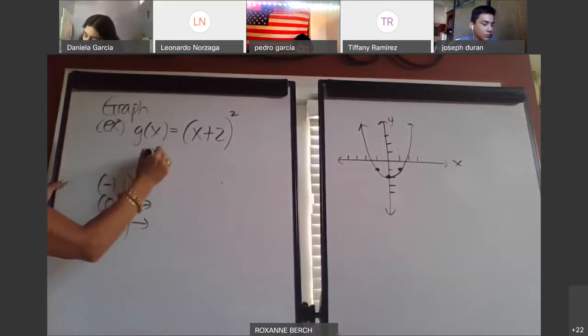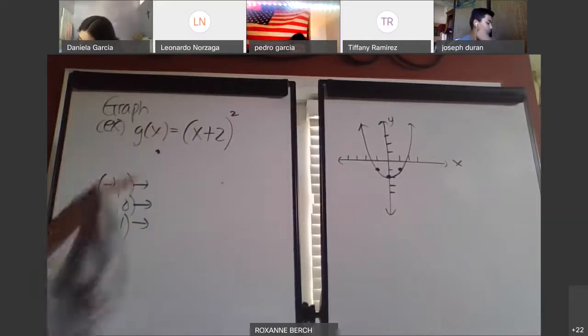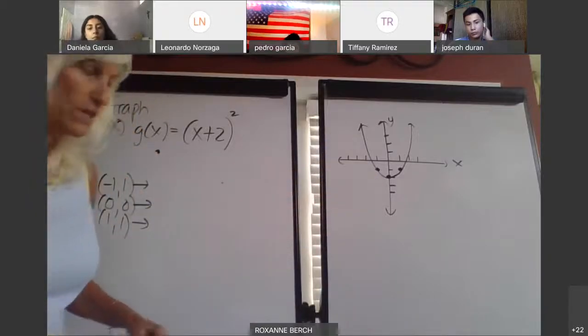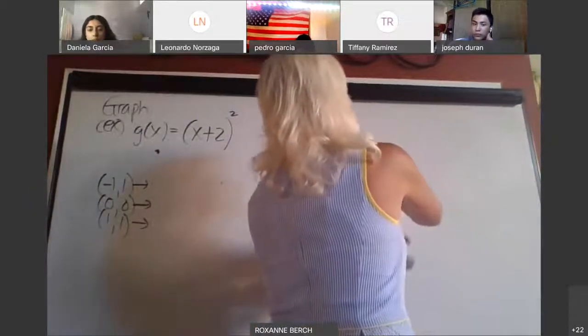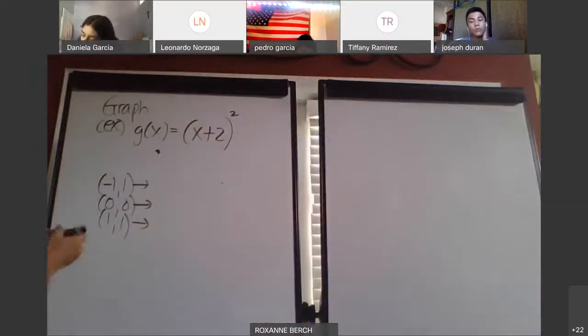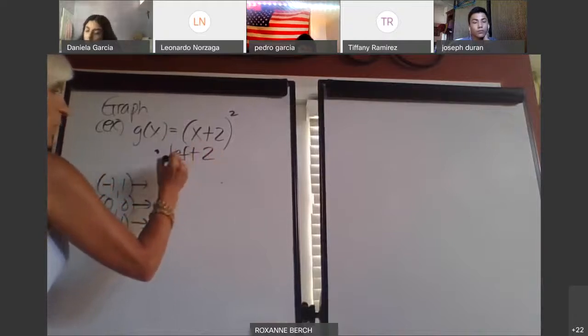The first thing you want to do is state the transformation. So it is a quadratic. We know what it looks like. What would this transformation be? Left 2. Good, left 2. Remember, this is not in the form.